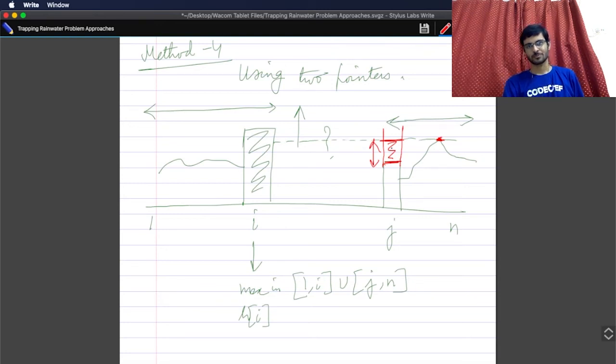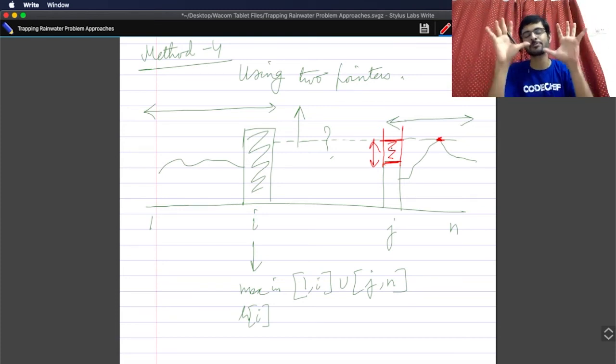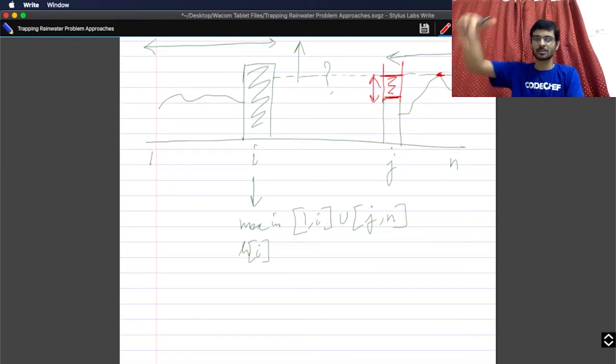Okay, so now the thing is, how can we find it? We'll basically try to find this particular thing that I explained. For any i, now think of the opposite case.